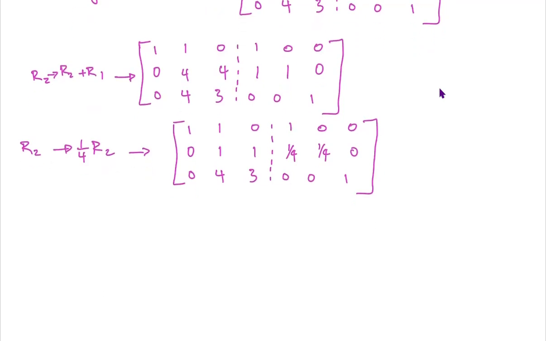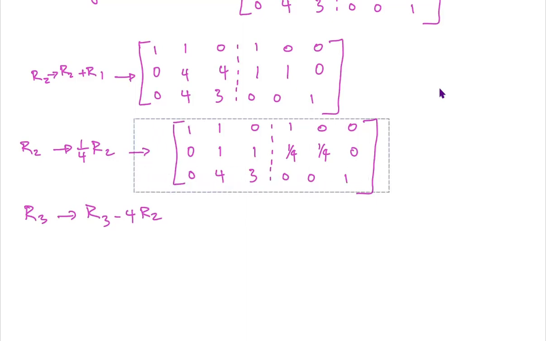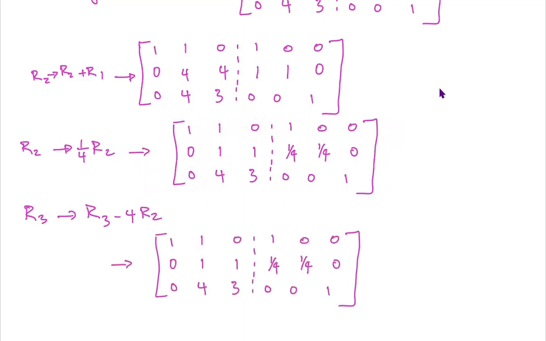So I want a 0 below the second column, and I guess we can make R3 receive itself minus 4 R2. R3 is the only thing that's changing.